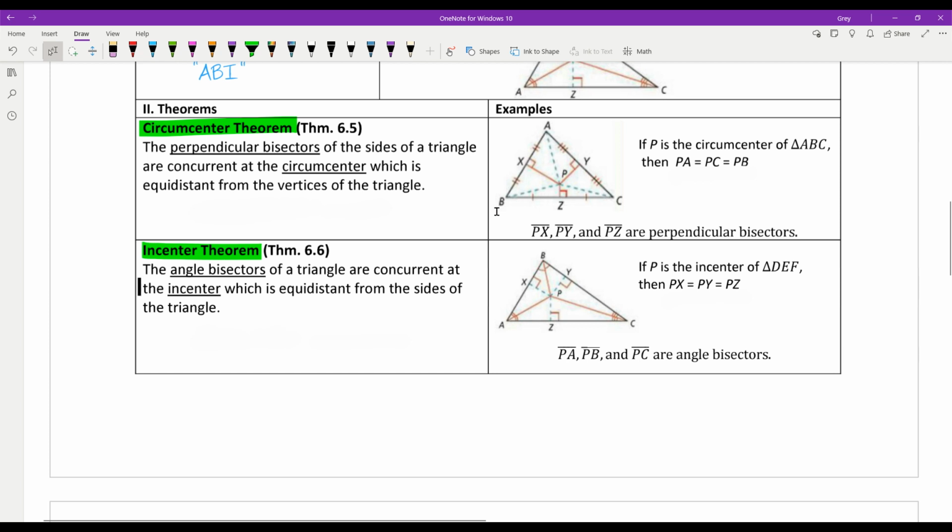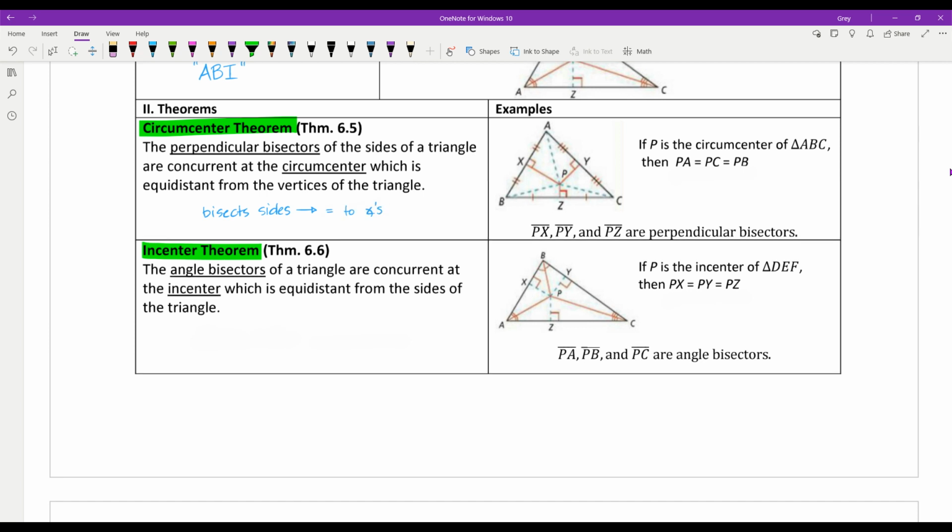Then it is equidistant from the vertices. And the incenter theorem says, if these are the angle bisectors, then P is equidistant from the sides. So what you want to remember, and the really key part about it, is that if the segments bisect the sides, then that point of concurrency is equidistant from the angles.